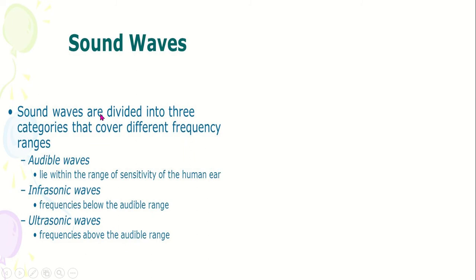Sound waves are divided into three categories that cover different frequency ranges. Audible waves lie within the range of sensitivity of the human ear. Infrasonic waves have frequencies below the audible range. Ultrasonic waves have frequencies above the audible range.